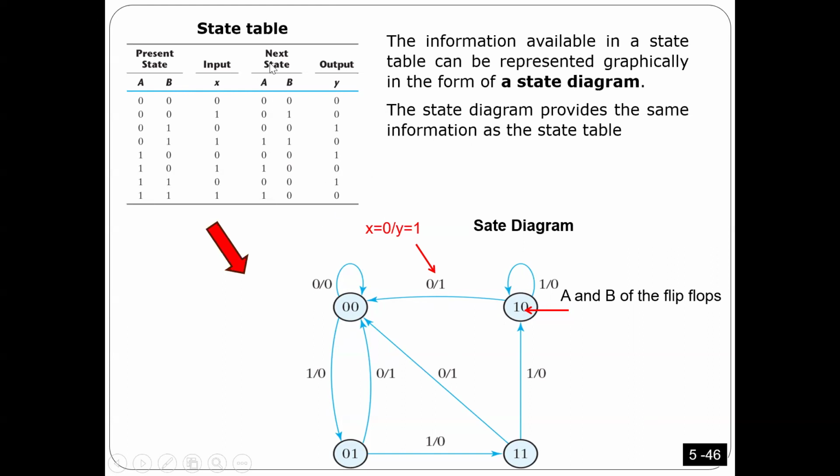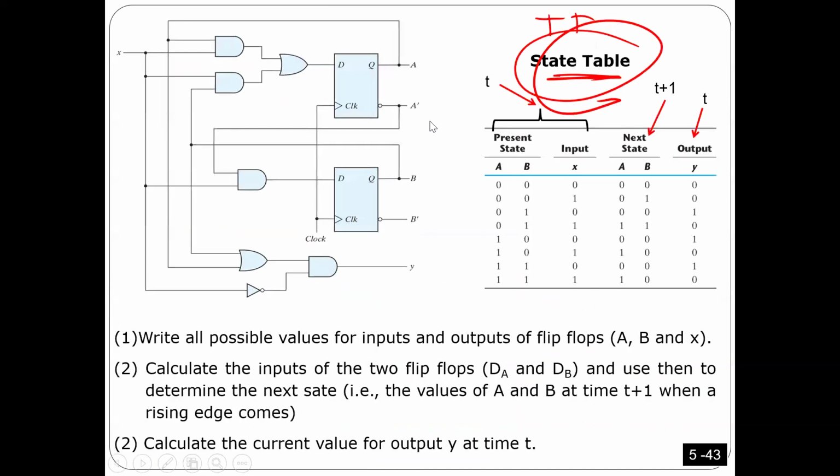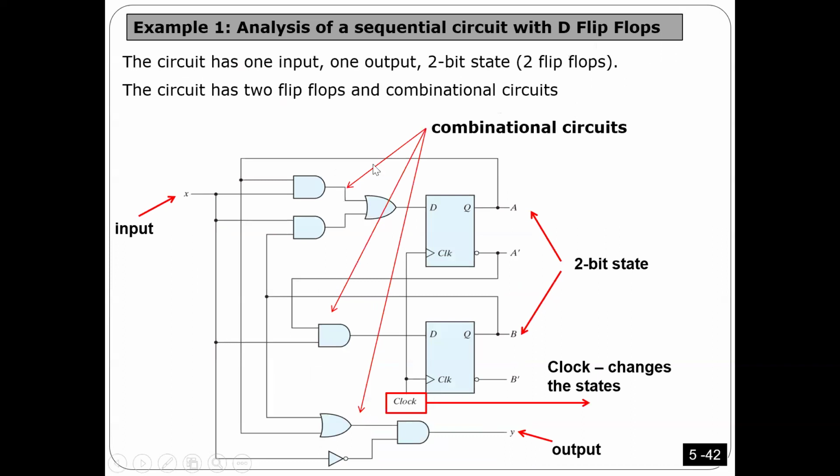From the state table and state diagram, you can know how the circuit works, the relation between input and output. This is exactly similar to what we did before, but before we called it truth table and timing diagram. The circuit looks big, but it's not difficult. I will show you how it works. Let's start with this example.